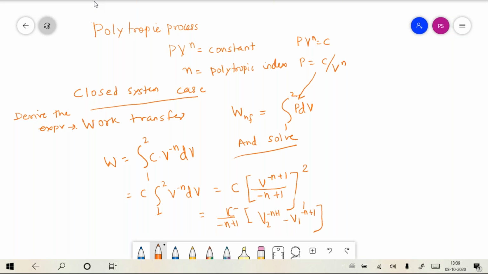While multiplying with V2, put the C as P2 V2 raised to n, and when you multiply the C with V1, put that C as P1 V1 raised to n. So substituting this value of C, you will get a similar expression.